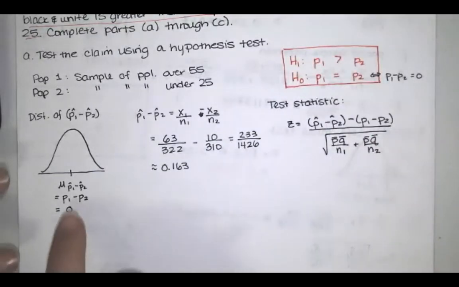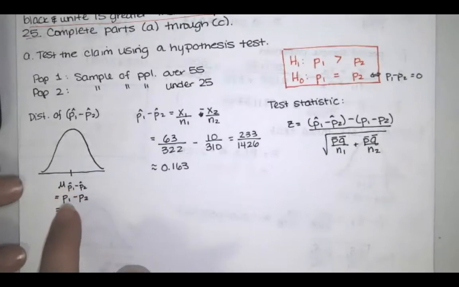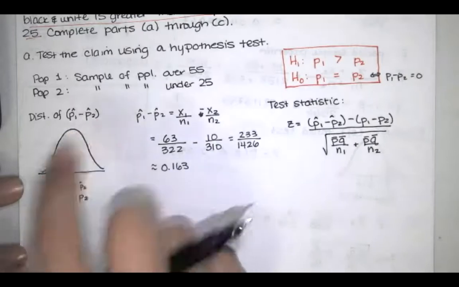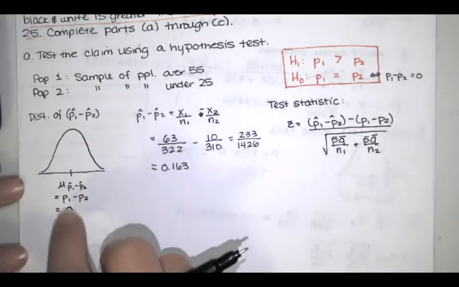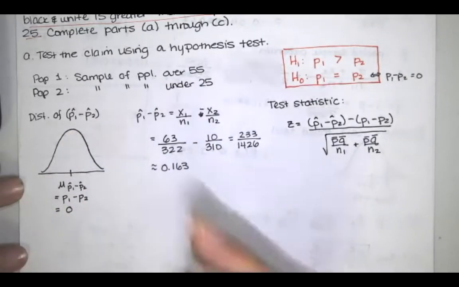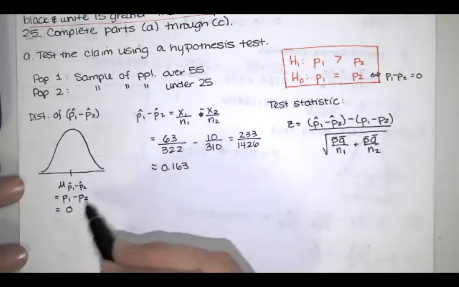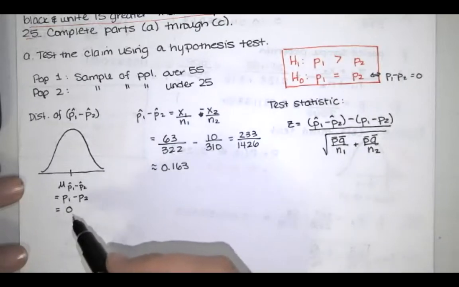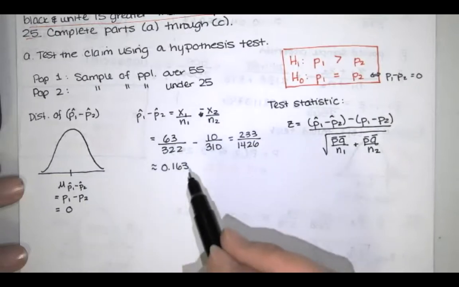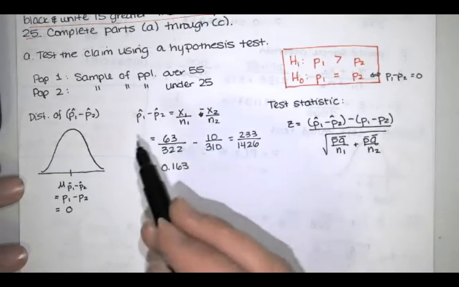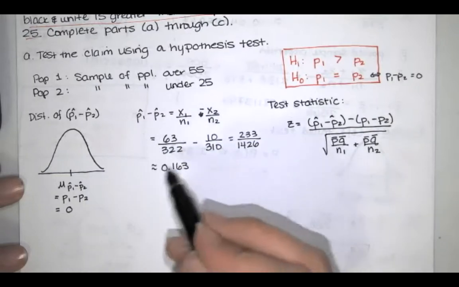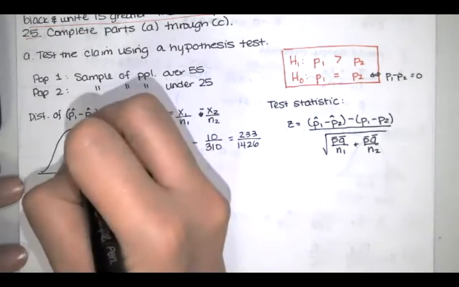So we're saying the mean of this distribution of P1 hat minus P2 hat is equal to P1 minus P2, and it is, and that is assumed to be equal to 0. How many standard deviations above the mean is this P1 hat minus P2 hat that we have from our samples?